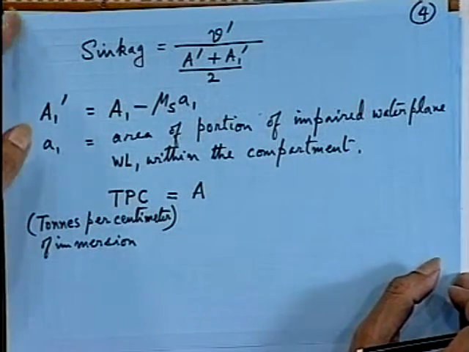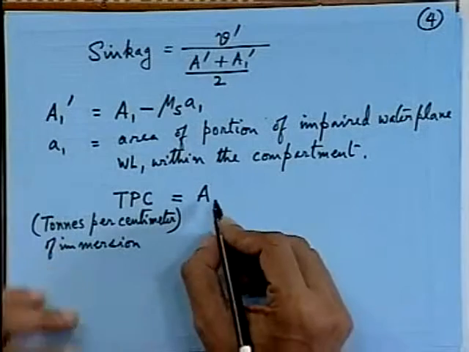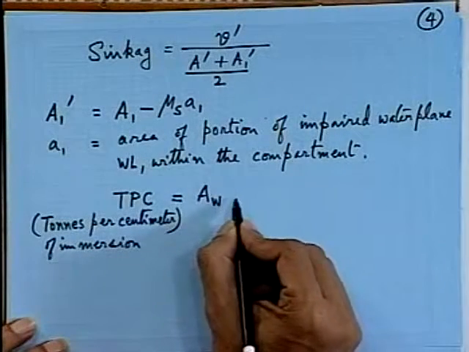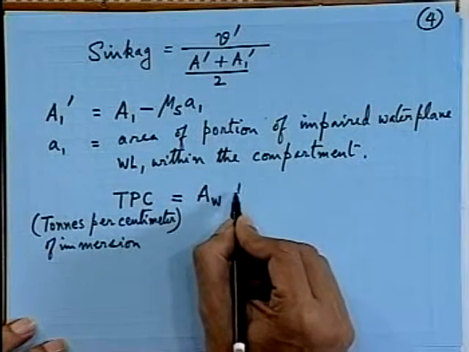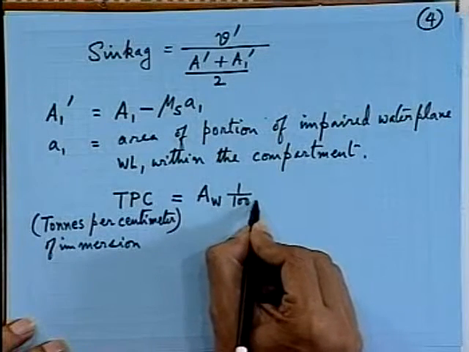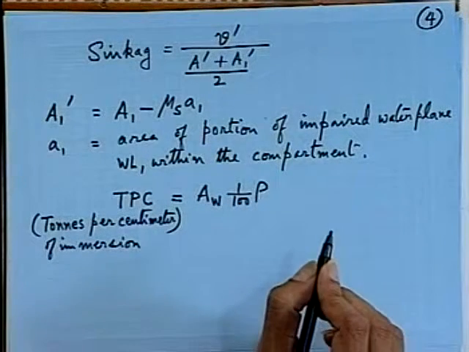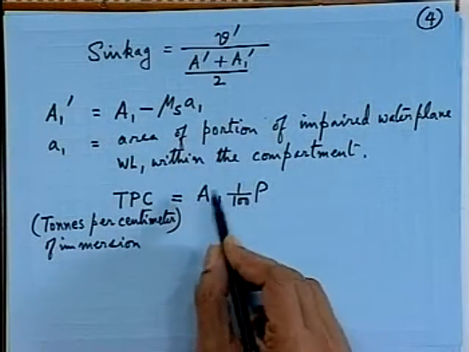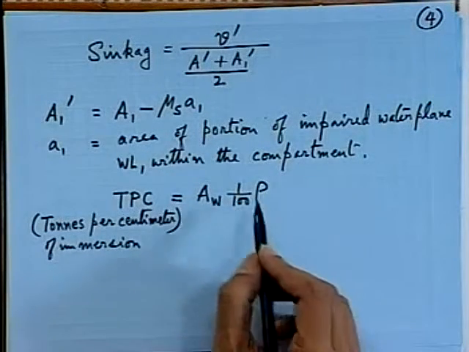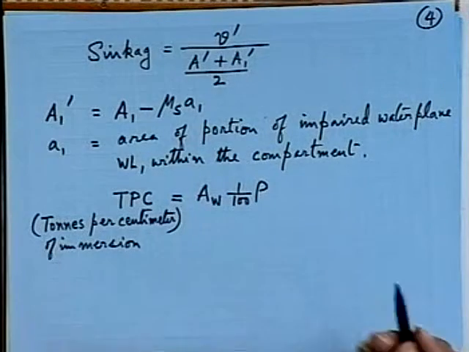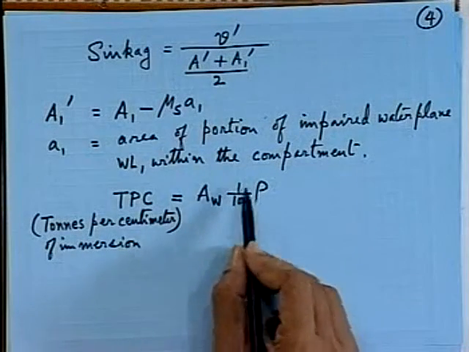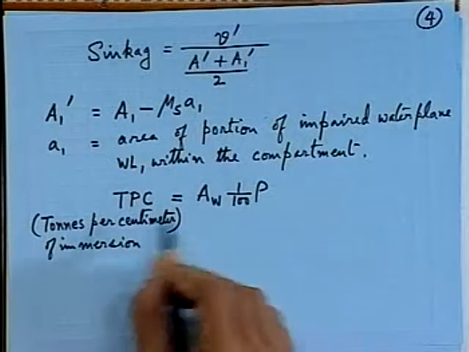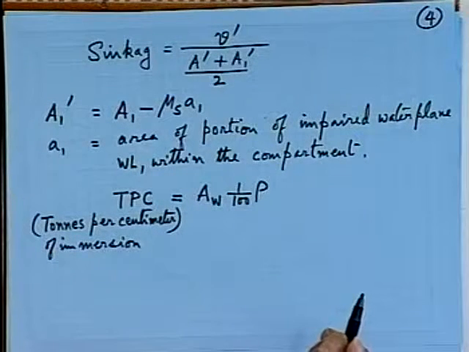So the formula is TPC is area of water plane multiplied by 1 by 100 and multiplied by the density of the water. 1 by 100 is 1 centimeter, and AW is given in meters. That is why AW times 1 by 100 multiplied by rho. So from here you can calculate your water plane area.